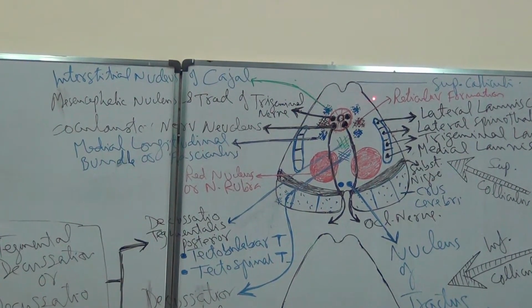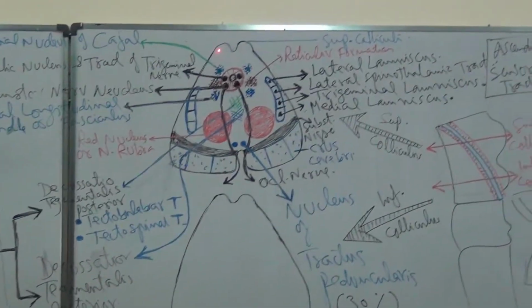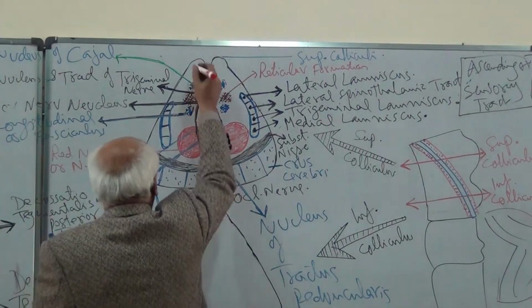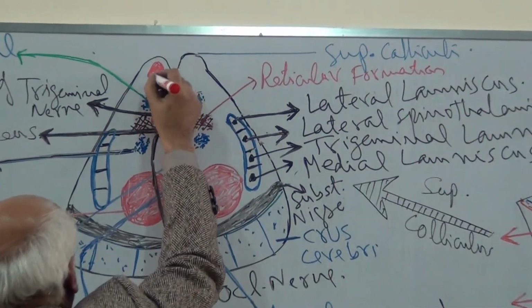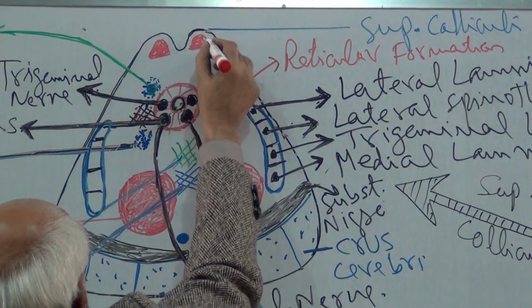Then the most posterior part of the midbrain at this level, at the level of the superior colliculi, is the tectum. Because this is a section at the level of the superior colliculi, here will be the nuclei of the superior colliculi, one on each side in the tectal region.